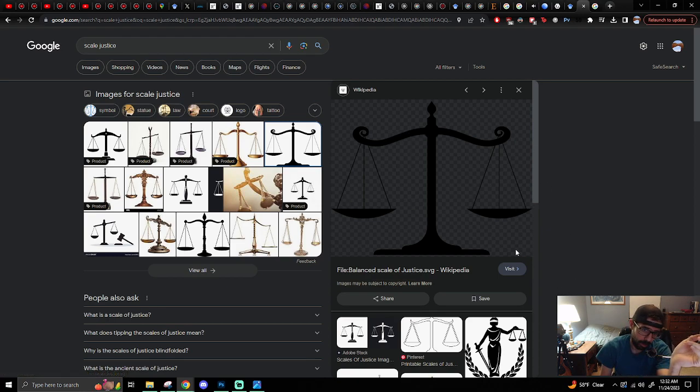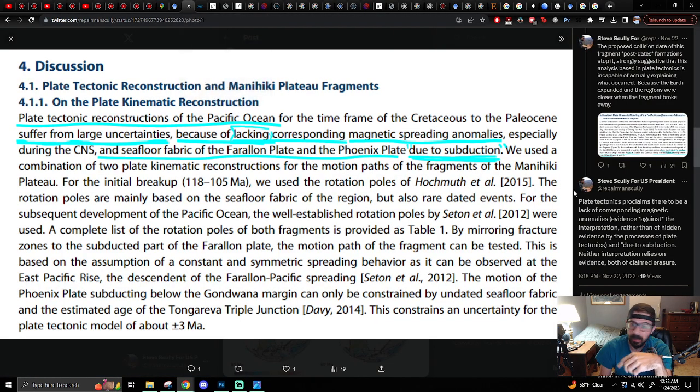The scale tips to the side because it's so imbalanced towards Earth expansion. Okay, let's keep going.